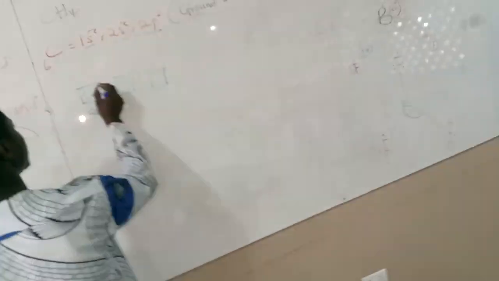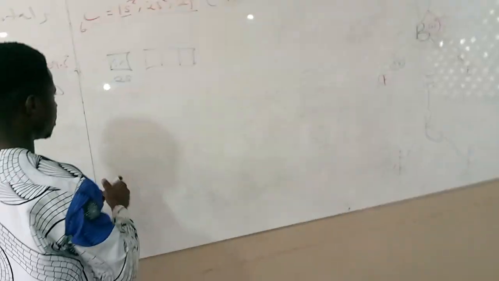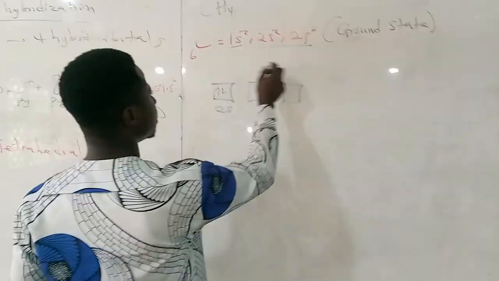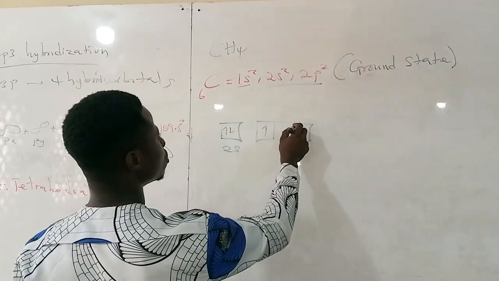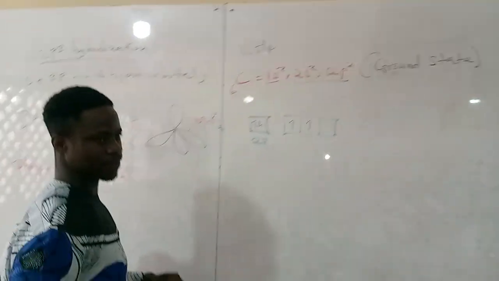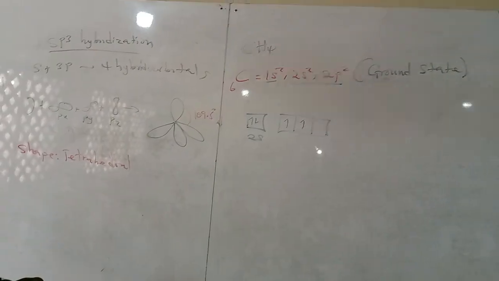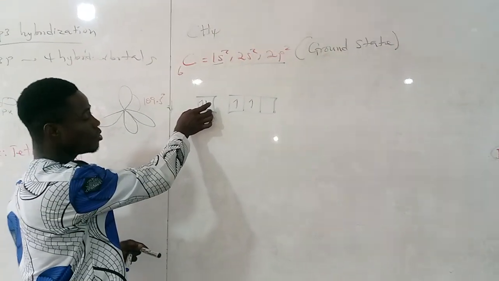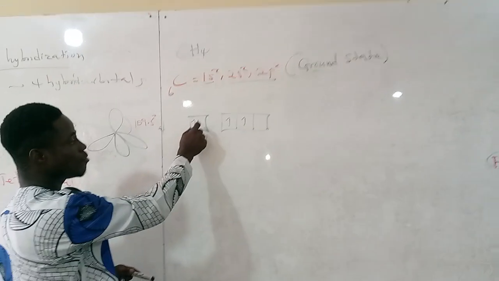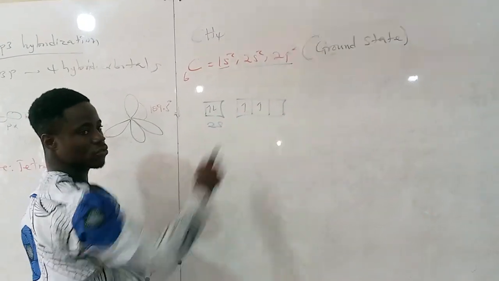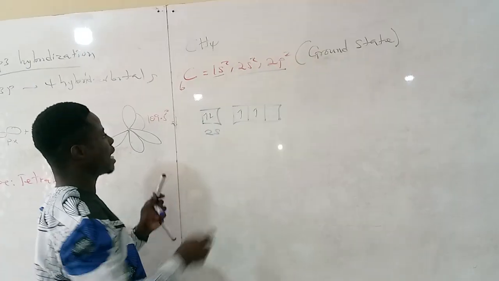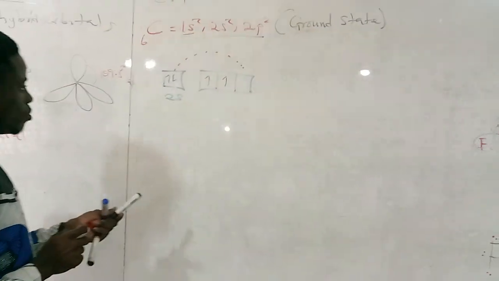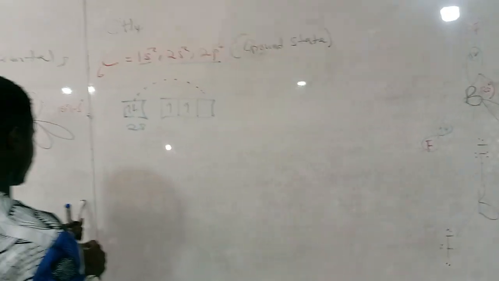We have 2 electrons in 2s, and 2 electrons in 2p. The 2s is already full with 2, so it cannot undergo mixing. You have to promote an electron from this lower energy level to the higher energy level. So we excite and promote an electron from here to here.